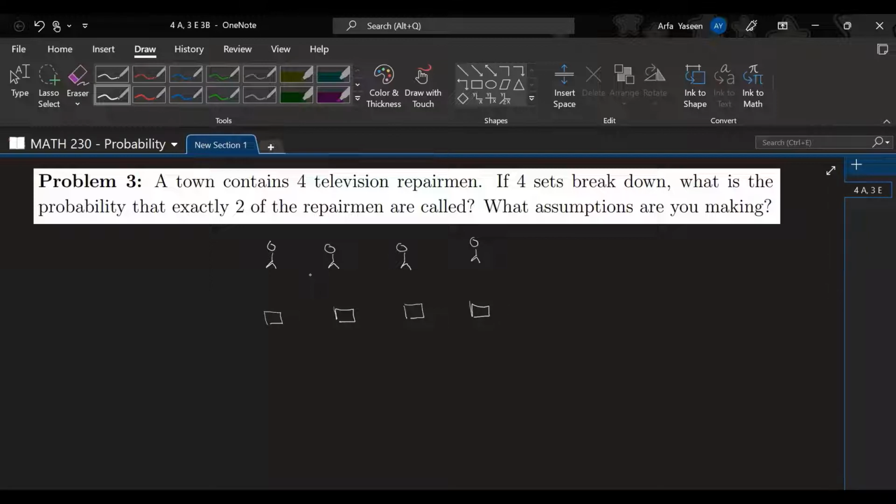And for each case, we cannot not give a TV to 1 repairman. So if we are choosing 4 repairmen, we have to allot 1 TV to each repairman. We'll do this case by case, and then to find the probability, we'll just consider the case given.